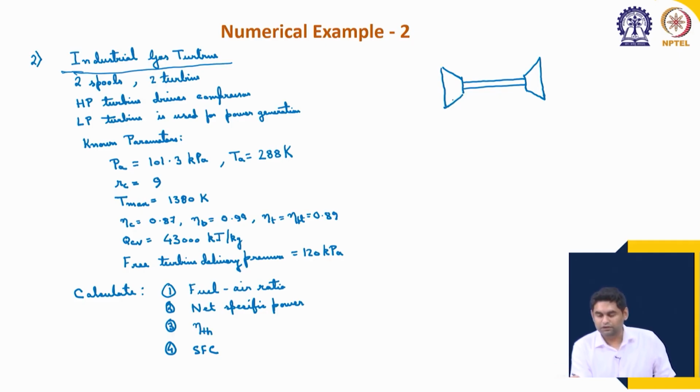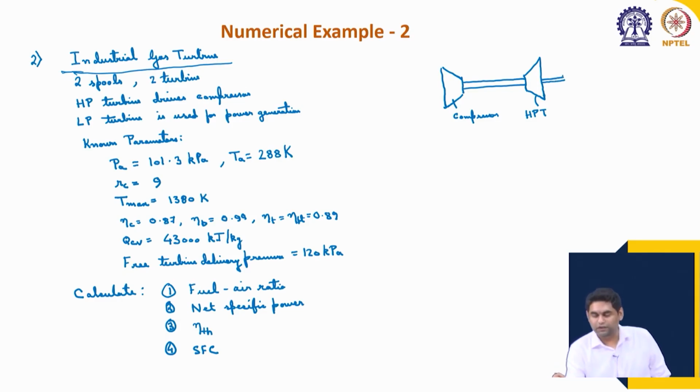Let us say that this is the compressor and this is one of the turbines. Okay. So, this is known as the high pressure turbine. From the TS diagram we will see that the pressure here is higher as compared to the other turbine. Then there is a concentric shaft within the first shaft which is rotating at a different speed.